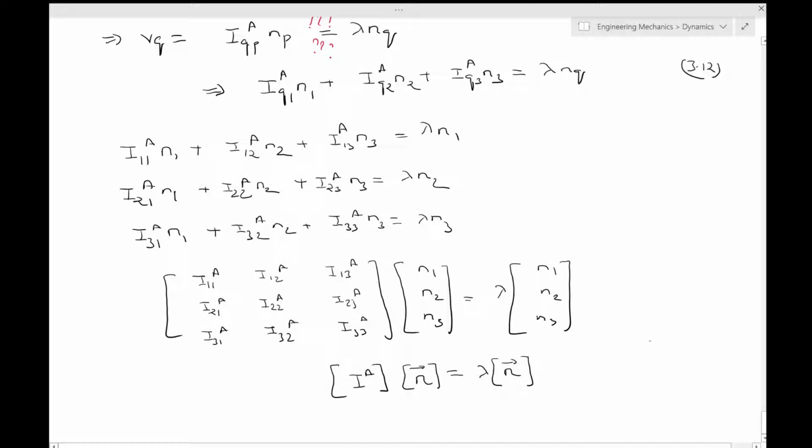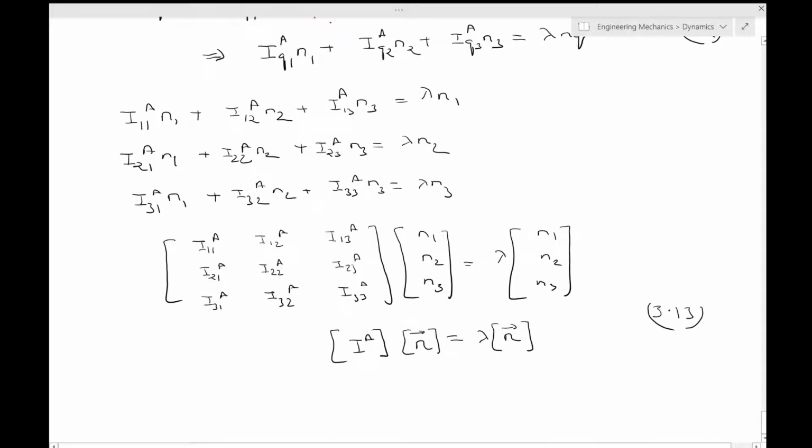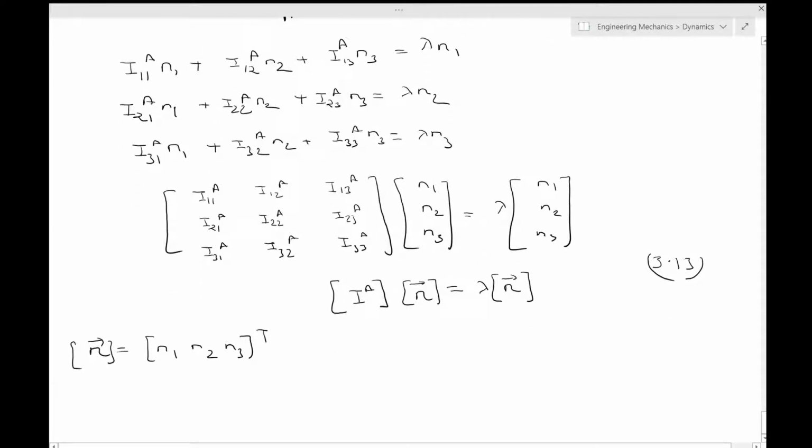So this is 3.13. As is obvious, this n is actually the column form of n_1, n_2, n_3. So to write that, just take the transpose of the row form.